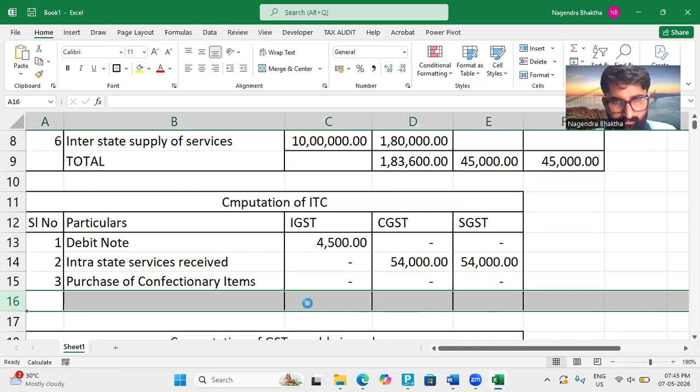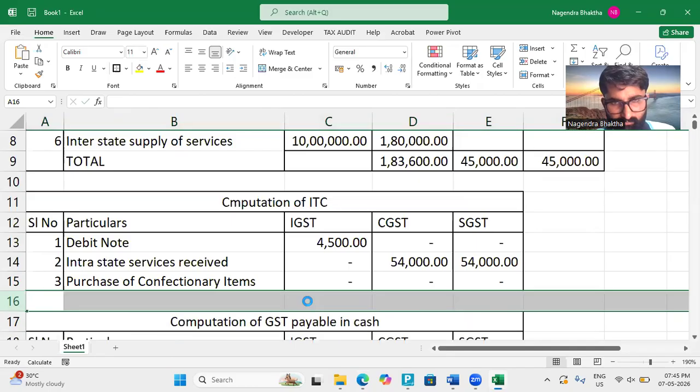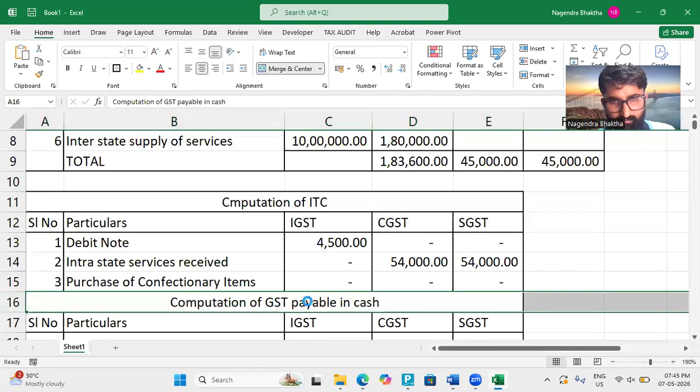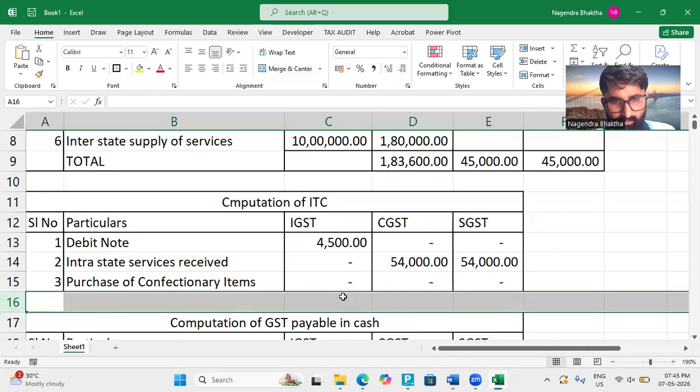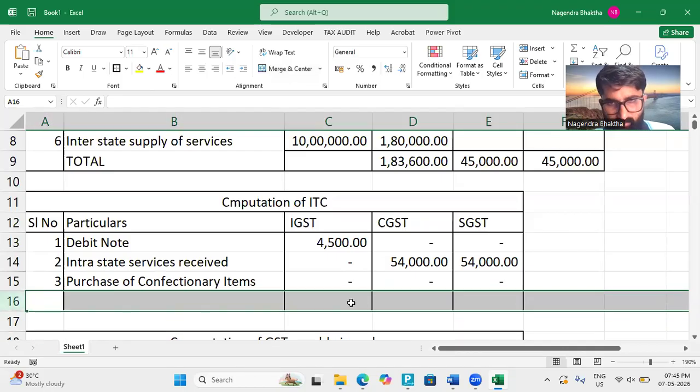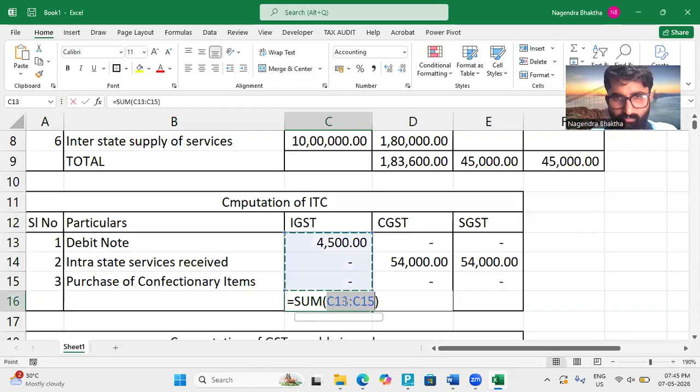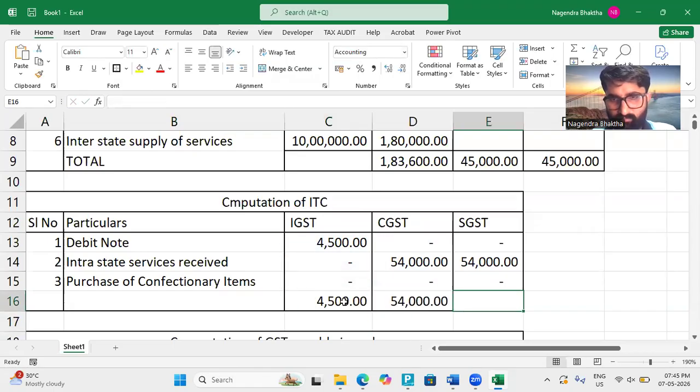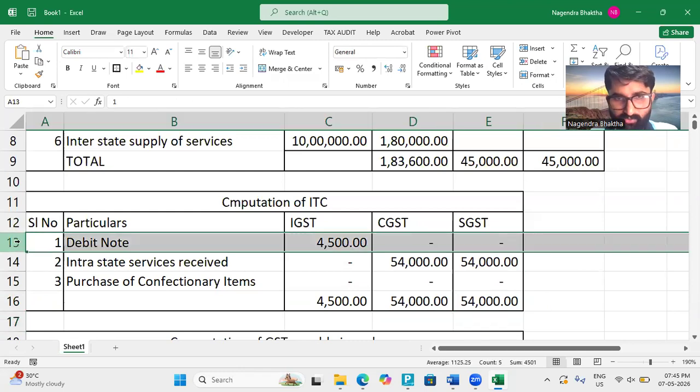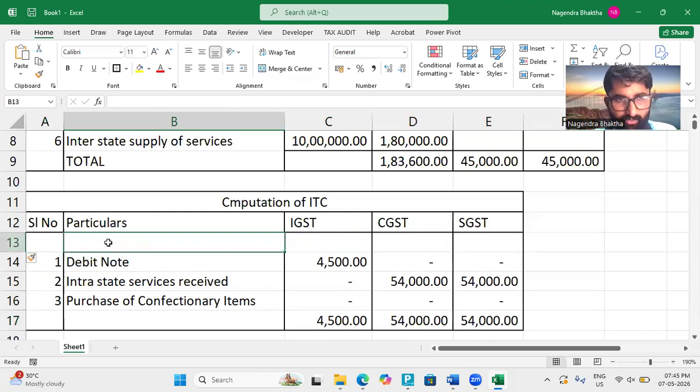What is the total ITC available? Total ITC is 90,000, 54,000, 54,000. So this is the ITC which is available. But we missed one point. So that's why in the format itself, please do write opening.